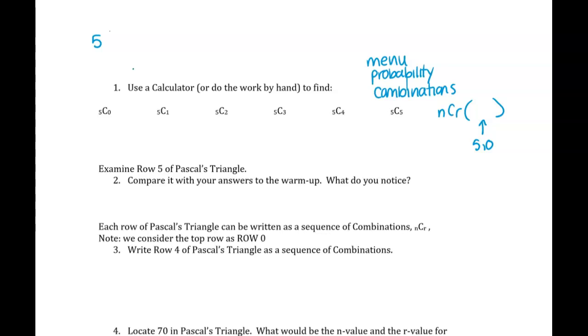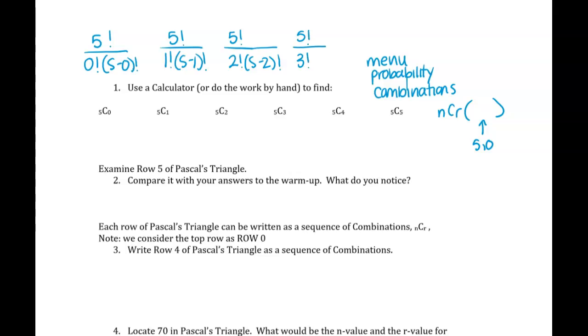So 5C0 would be 5 factorial over 0 factorial times 5 minus 0 factorial. 5C1 would be 5 factorial over 1 factorial times 5 minus 1 factorial. 5C2 would be 5 factorial over 2 factorial times 5 minus 2 factorial. 5C3, might as well finish it off for you, 5 factorial over 3 factorial times 5 minus 3 factorial.